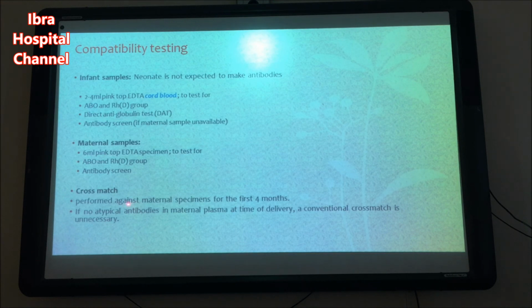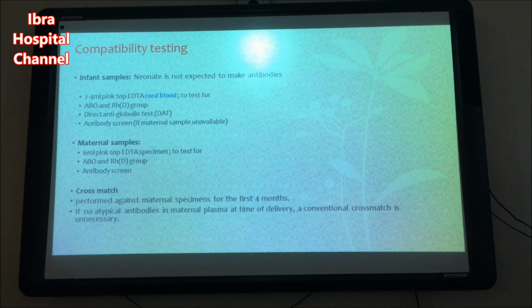So if the first mother sample was antibody screen negative, the other samples don't have to be cross-matched with the mother sample. That will solve the problem. But if the mother has this antibody in the first sample, then the subsequent samples should be cross-matched with the mother sample. Is that clear?